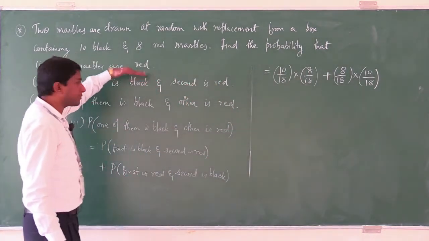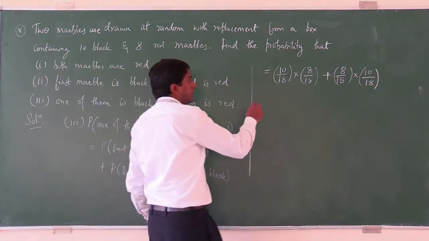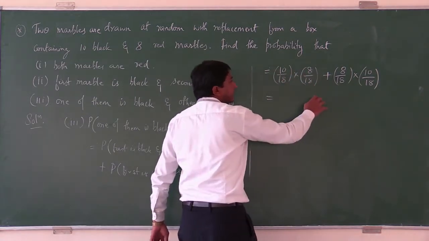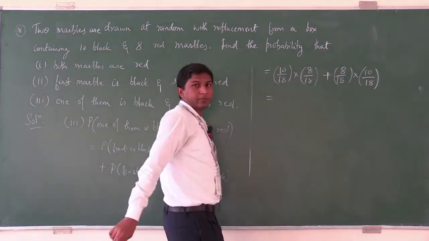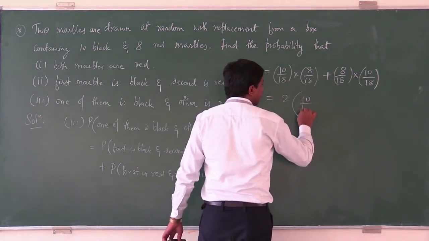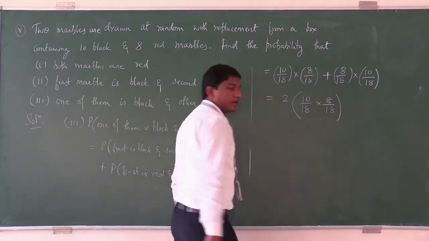Just like the previous two sub-questions, this we have done. Then I can write this as 10 by 18 into 8 by 18 plus 8 by 18 into 10 by 18, which is twice 10 by 18 into 8 by 18.